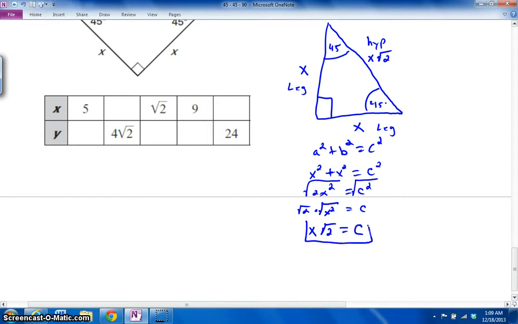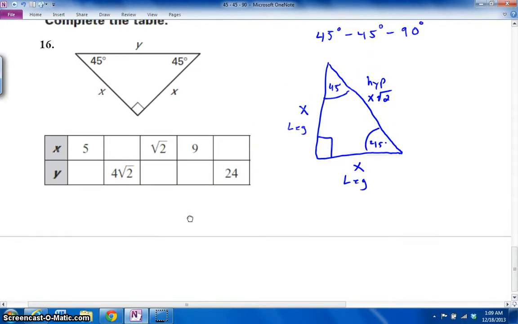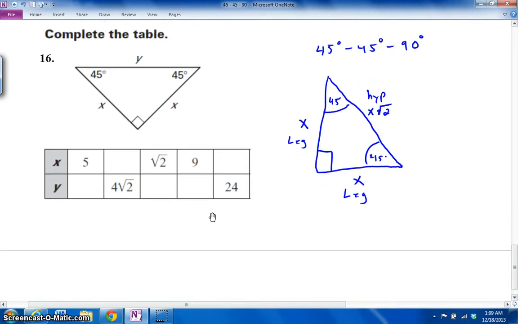And we get x square root 2 for our c, the hypotenuse, which is our rule right there. Okay, so that's where the side lengths come from. And we'll use these rules as a template for solving the chart on problem 16.